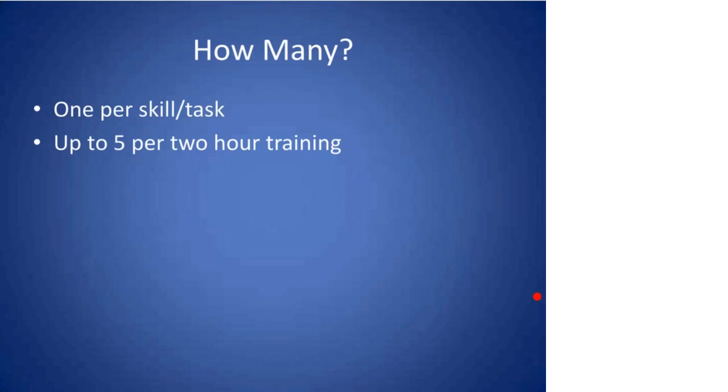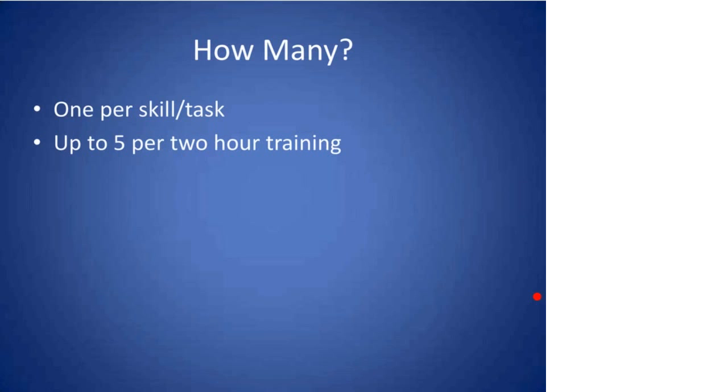Once you have the good objectives, now you've got a framework to apply the gamification tools and badges in a way that is neither too many or too few to be effective in your training. So again, you might want to jot down that with your setting of objectives, that will be the foundation for a good Moodle course: pick out one per skill or task that you're teaching or training.